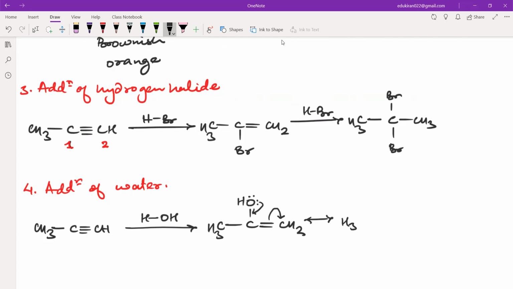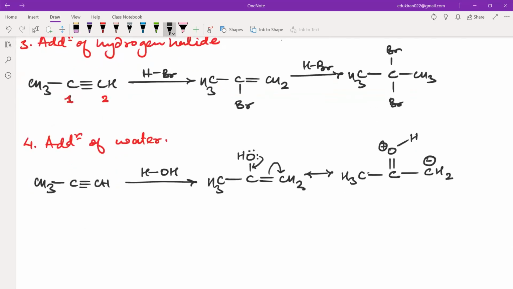So we have H3C, single bond, carbon. There will be double bond O, there will be hydrogen here, and you will have single bond, carbon, CH2, and there will be a negative charge here. Yes or no? Tell me. Correct? Yes, sir. Okay.